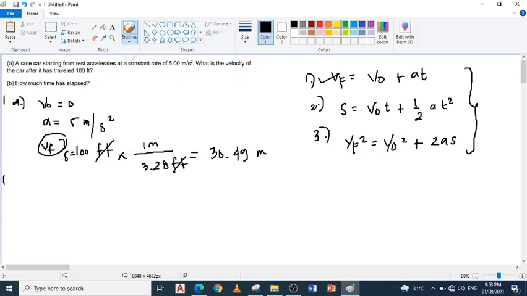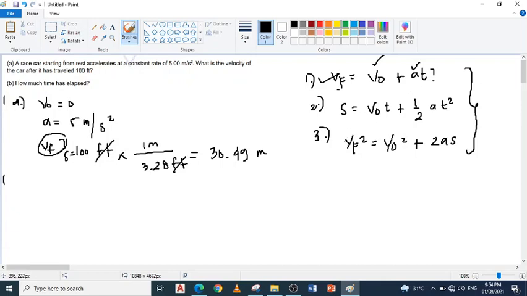So, if we will try to use this first formula natin, okay? Walang problema, Vf unknown. Okay? Vo natin given naman. Okay? Acceleration given naman, but hindi sinabi yung time. Okay? So, unknown din si time. So, we cannot use itong formula na to.